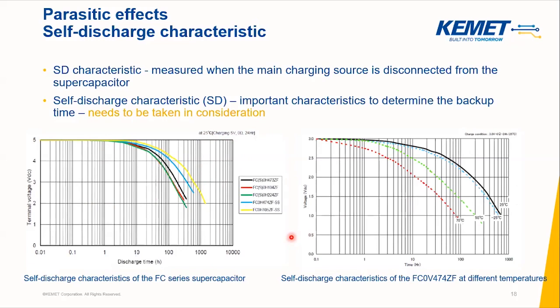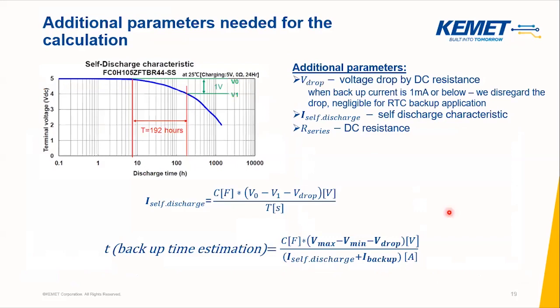But this self-discharging characteristic is also temperature dependent. It means that at higher temperature, you will have a higher self-discharging current, or even more loss in the voltage. So these are additional parameters that we need to consider when we do the calculation, especially for the backup time.